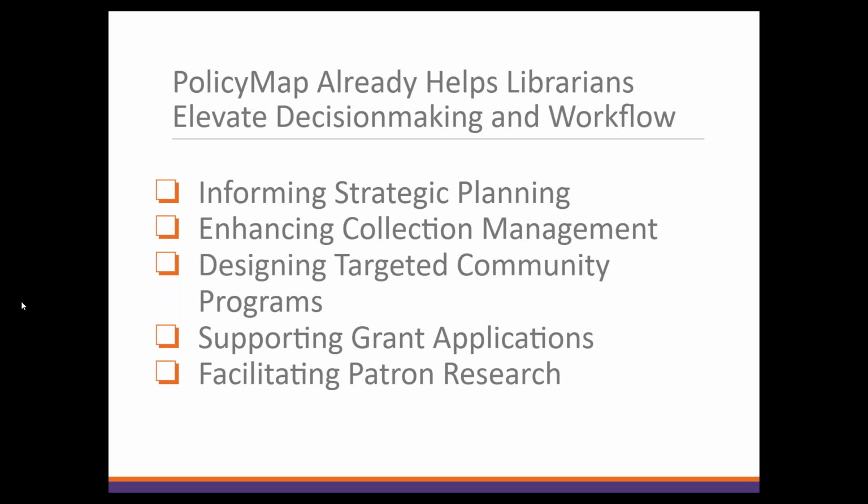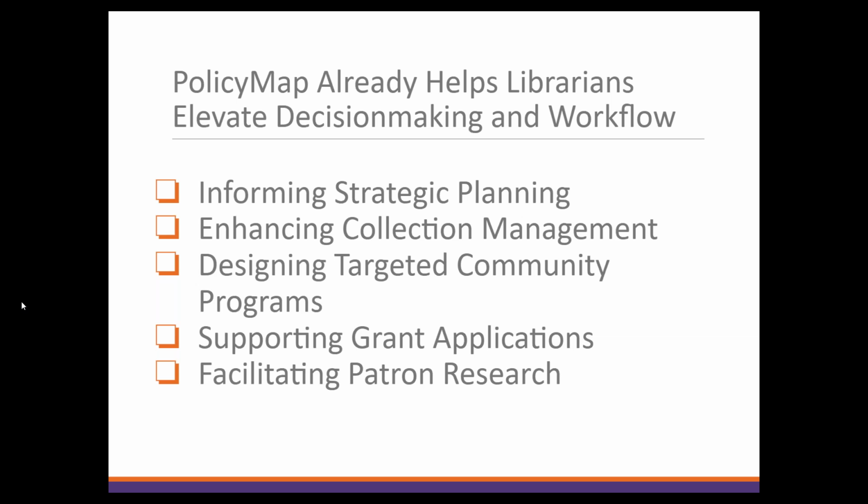It allows decision makers to identify demographic and socioeconomic trends and to tailor collections to reflect patrons' interests and needs. It also allows programmers to design targeted community programs and develop outreach initiatives based on local data, and it ensures the programs that are being created and held are addressing key community interests and challenges.